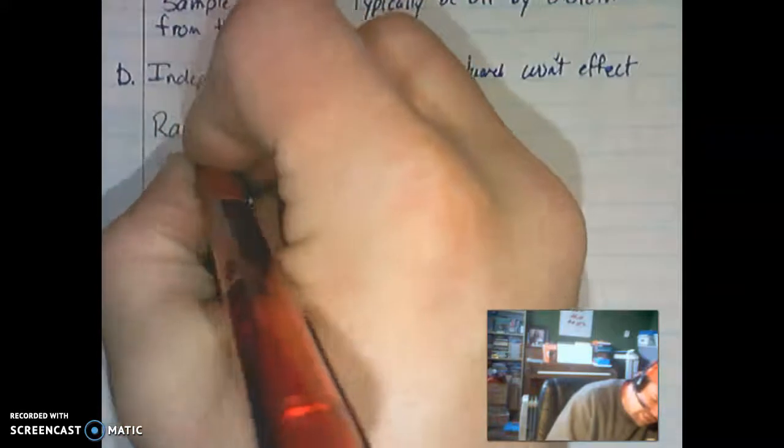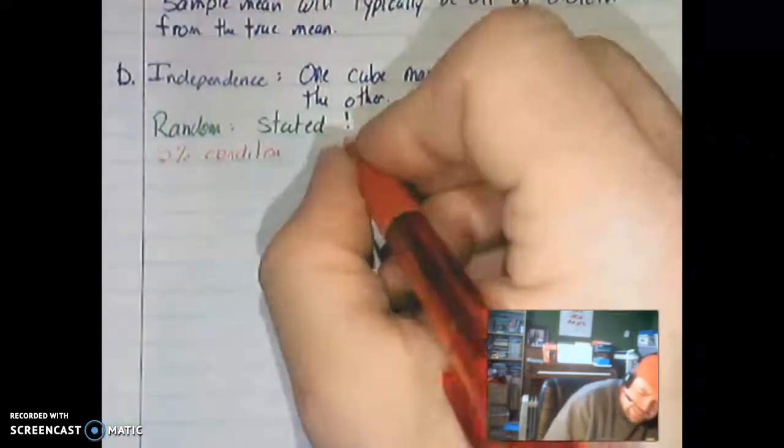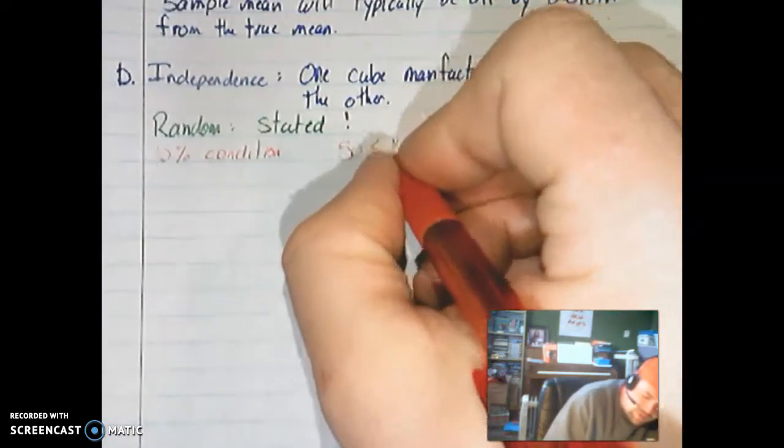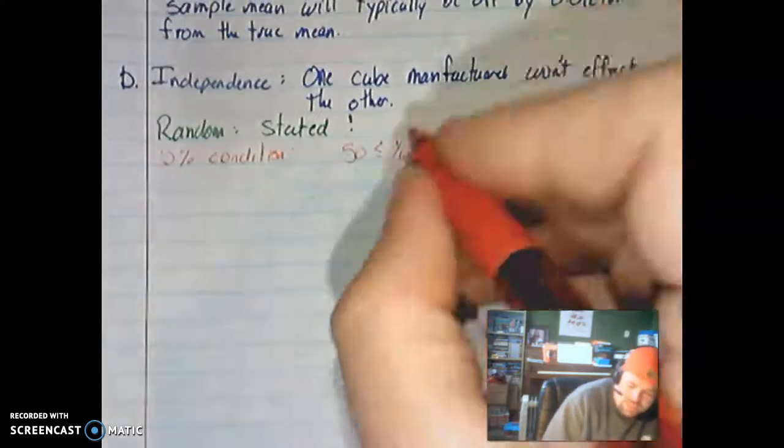Then we have the 10% condition, which is just going to be that 50 is less than or equal to 1/10 of the entire population.